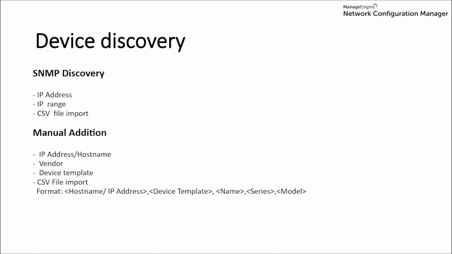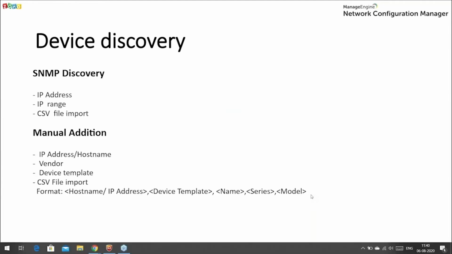You will have to specify the vendor then and there, and also select a device template with which it has to be associated. You can also alternatively do the manual addition using a CSV file import, and the CSV file must be in this particular format for NCM to be able to discover the device successfully. So let me just quickly take you to the UI.